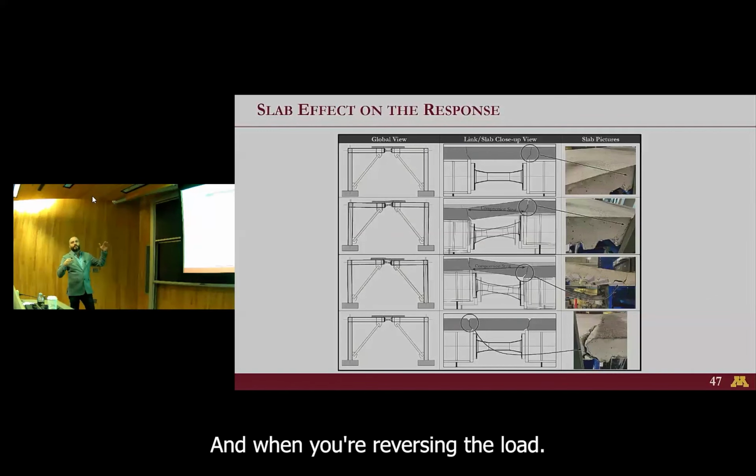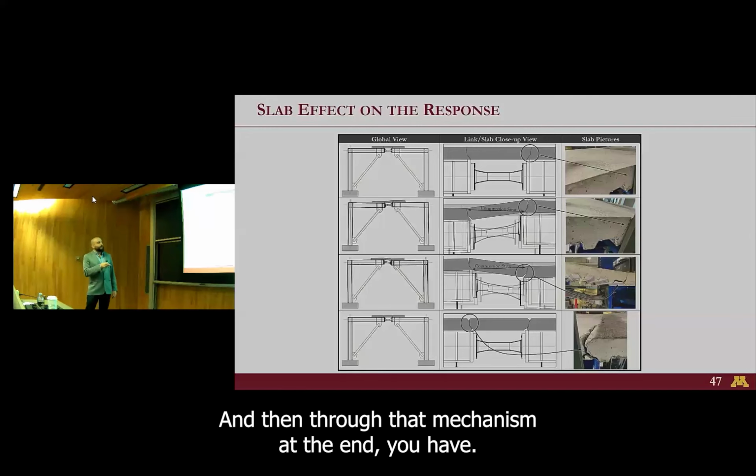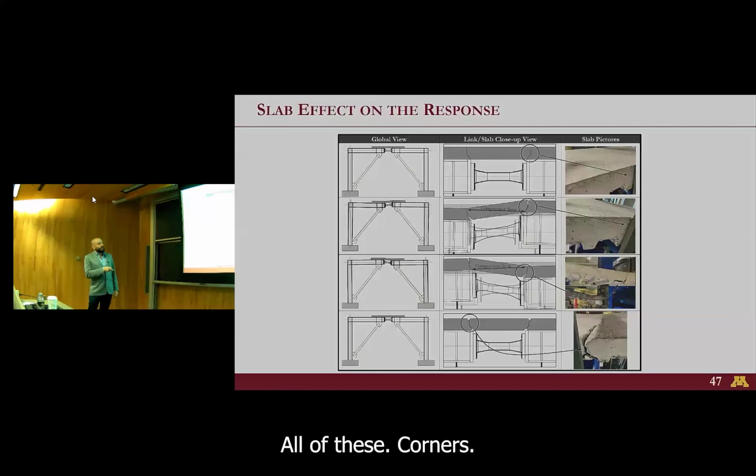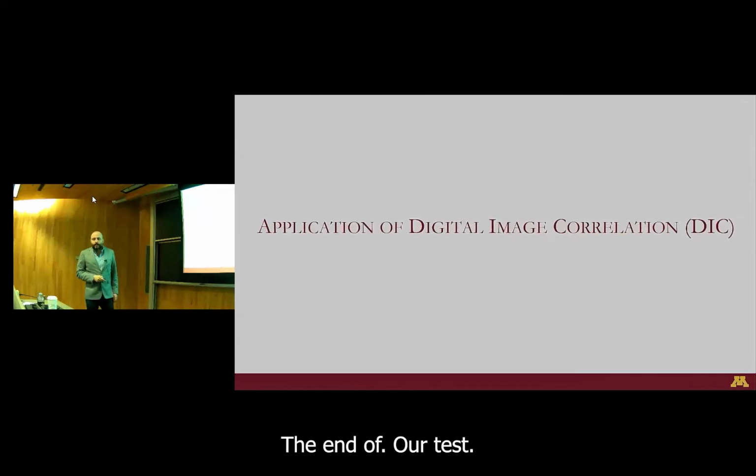And when you're reversing the load, it adds to the stiffness. But as soon as the link yields, it relaxes, because when it yields, it also gets longer. When it's getting longer, it relaxes. Through that mechanism, at the end, you have all of these corners chipped off, and you can see it actually towards the end of our test.